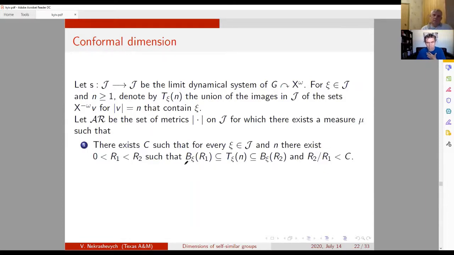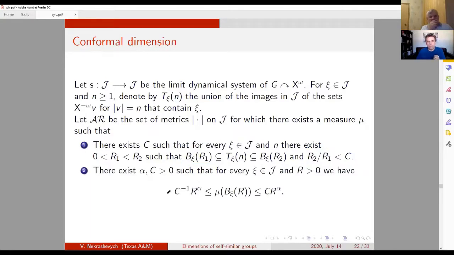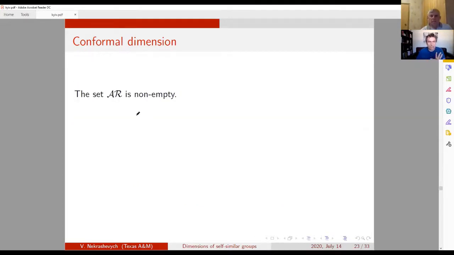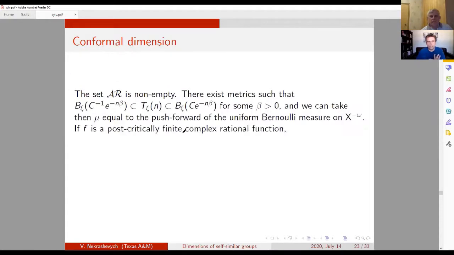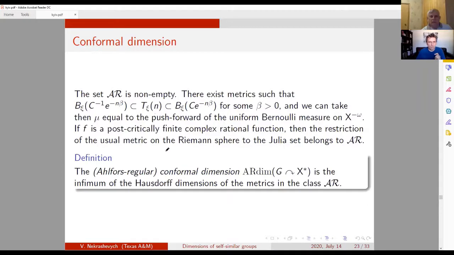That is, there are 2 radii, such that the ball of one radius is inside this tile and the ball of another radius contains it, and the ratio of these radii is bounded by a constant uniformly for every n and every ψ. And the measure is what is called Ahlfors regular, so the measure of a ball is roughly radius raised to some power. In fact, one can show that this set of metrics is non-empty. Such metrics do exist. I'll skip examples.